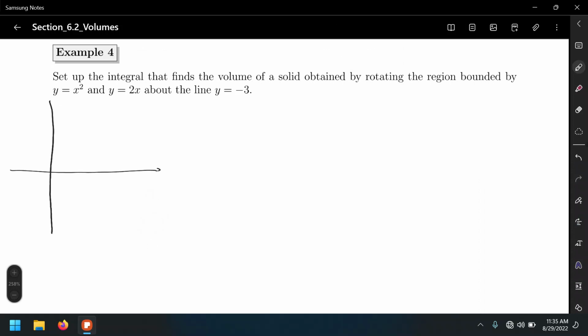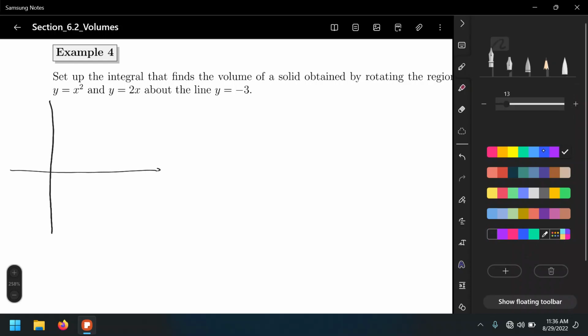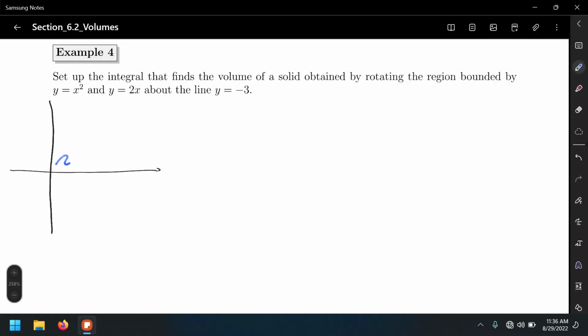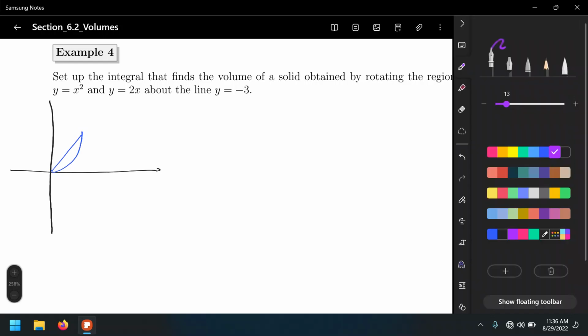So in this case, let's still graph the functions. y equals 2x, y equals x squared, all right? But we're no longer doing this. Not anymore. We need to go 1, 2, 3.